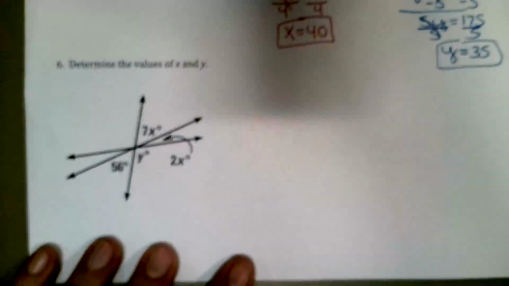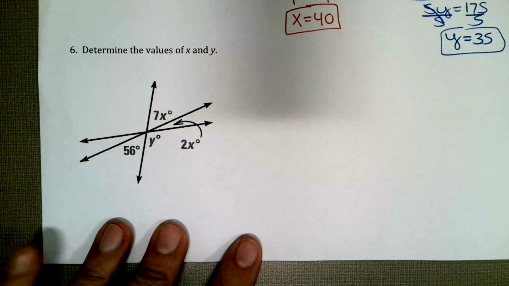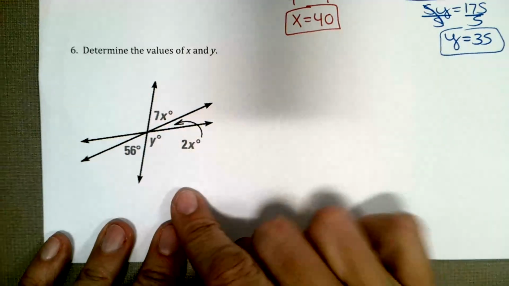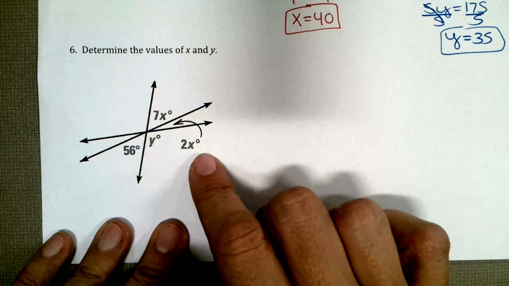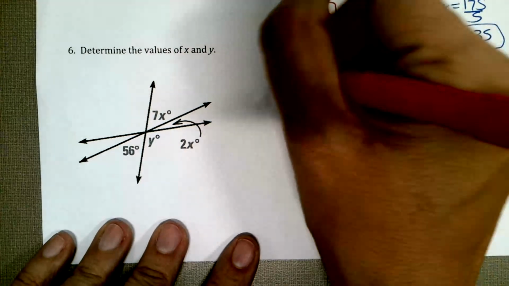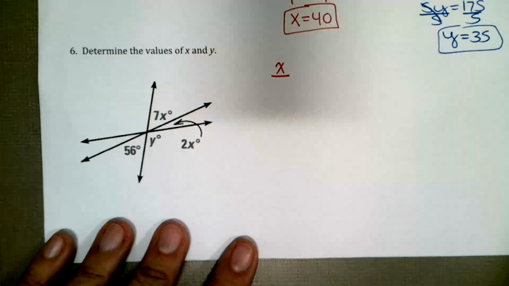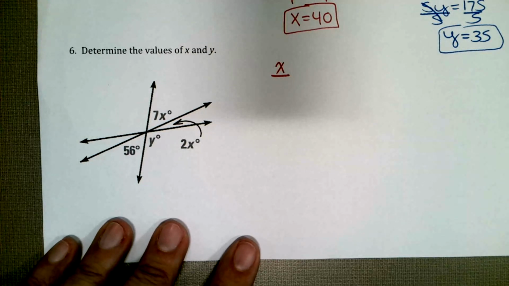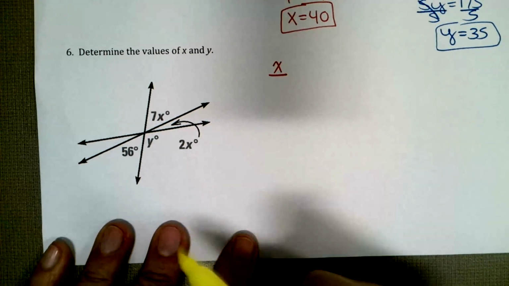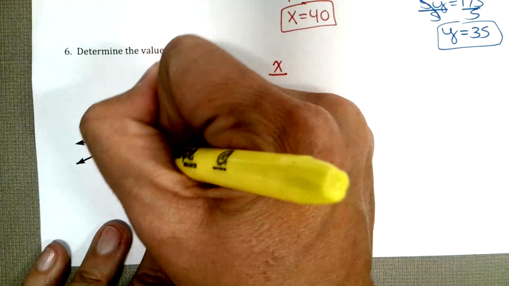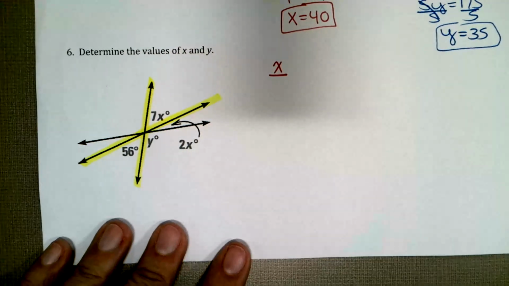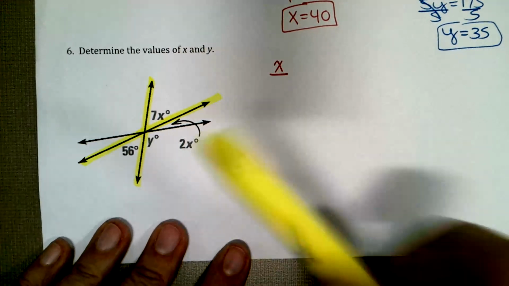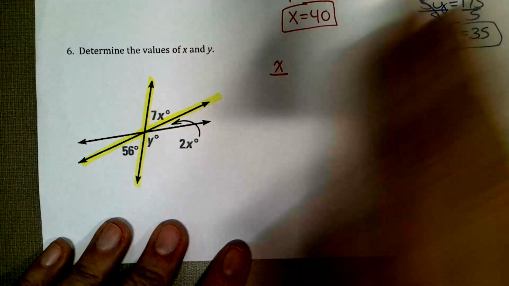Okay, if we look at number 6, determine the values of x and y. There are more x's, so we are probably going to have to find x first. But there's a lot going on here. What stands out to me, and I'm going to highlight these 2 lines, and I'm not going to use both x's to start.